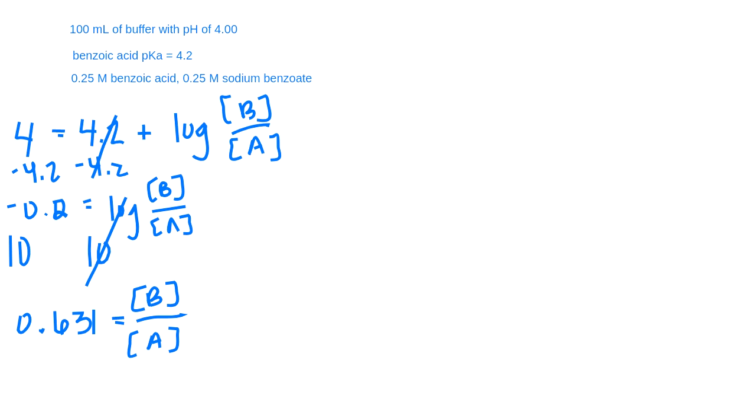So then the question becomes, okay, I know that's the ratio I need, but how do I figure out how many milliliters I need? Well, we know that when we add our acid and base together, we want it to equal 100 milliliters. So now this is the type of mathematical problem where we have two equations and two variables. So what we do here is we need to look for a substitution.